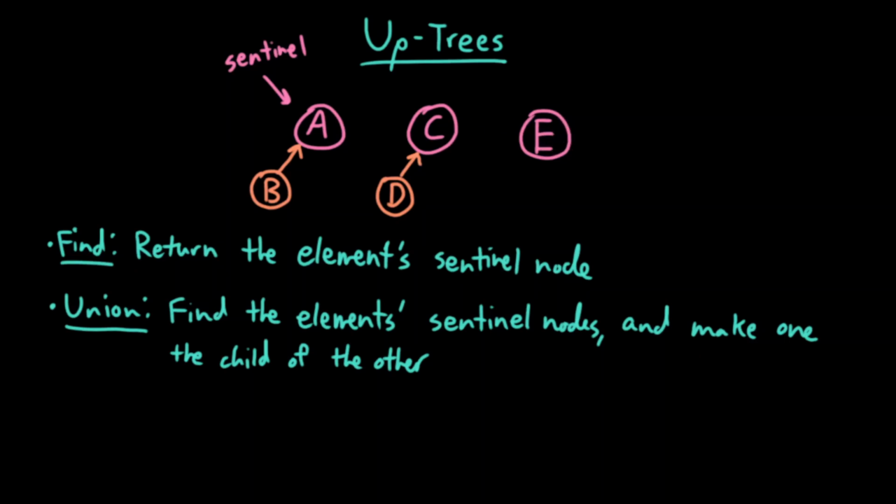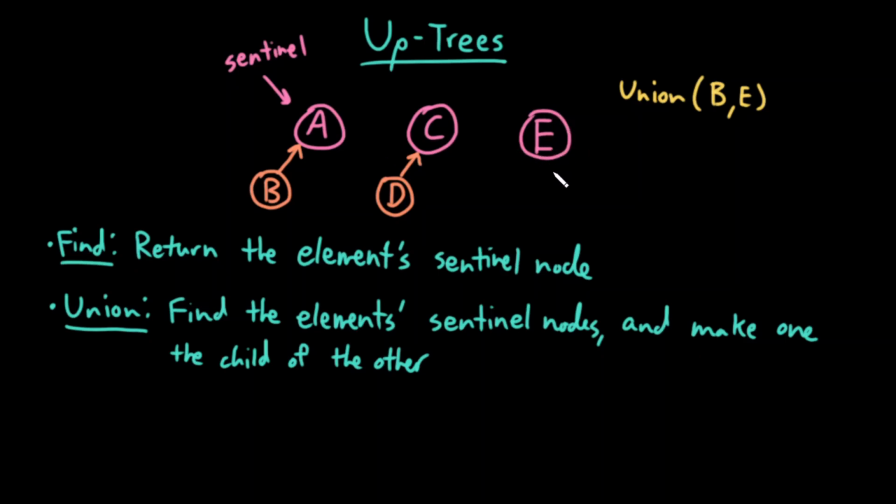So specifically, let's say I was doing union on B and E. What would that look like? I would find B's sentinel node, which is A. I would find E's sentinel node, which is E, and I would make one of them the child of the other one.